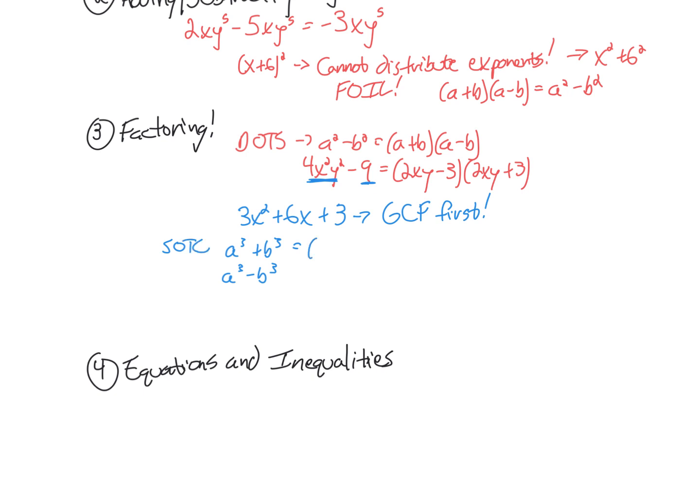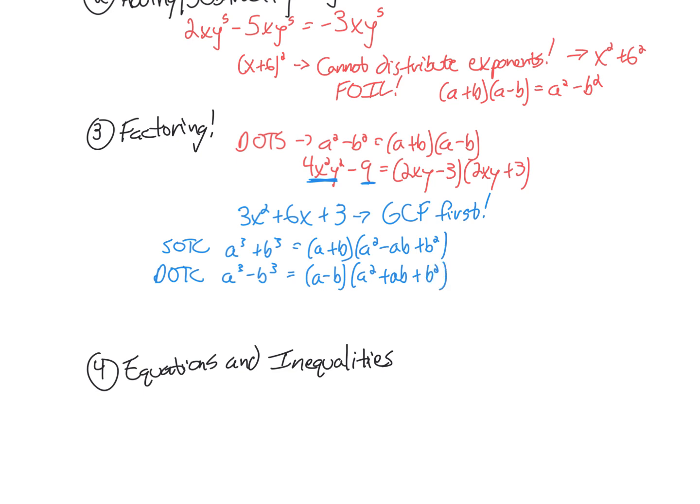That had a factoring pattern of a plus b times a squared minus ab plus b squared. And the difference of cubes, or what we called DOTC, was a minus b times a squared plus ab plus b squared.